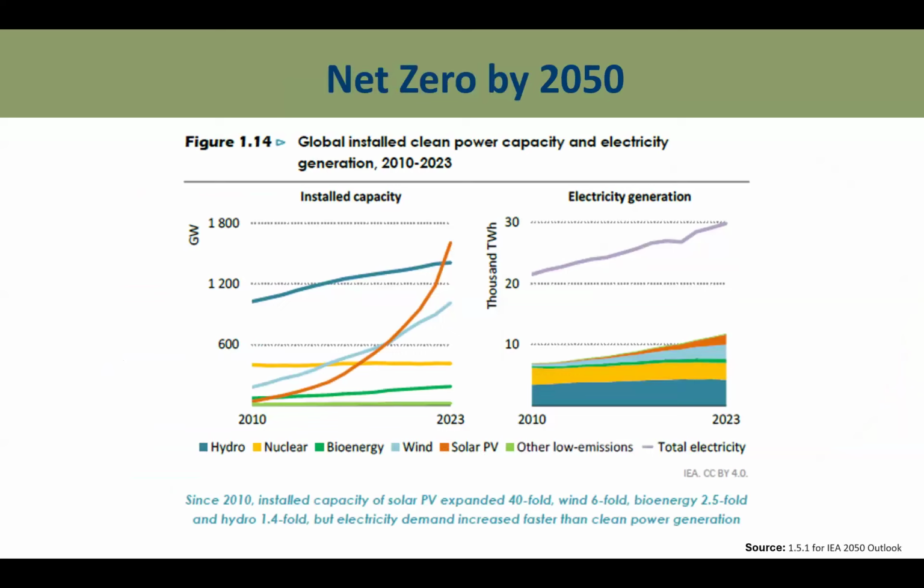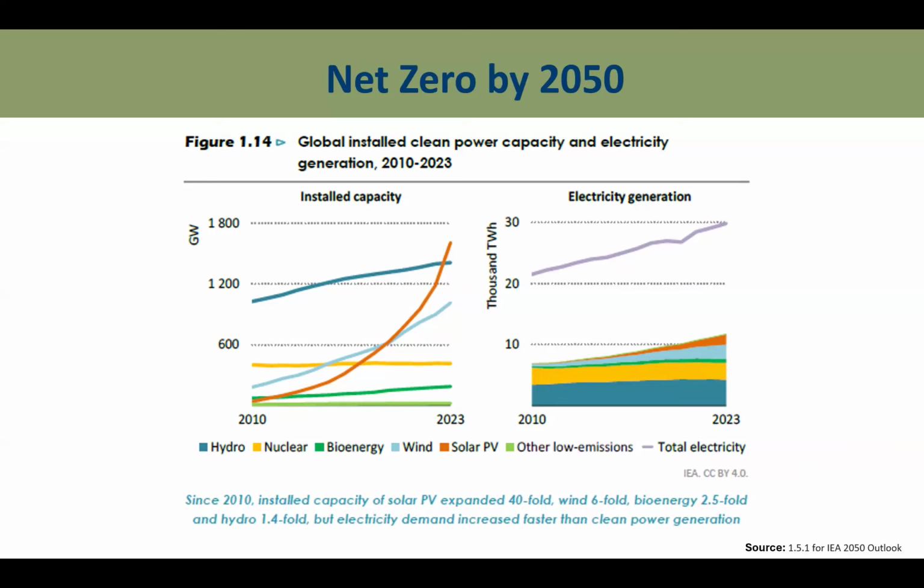So this slide here talks about the globally installed clean power capacity and electricity generation. From 2010 to 2023, you can see installed capacity ticks way up on that exponential bell curve. For the solar photovoltaics, wind has been a steady climber as well.